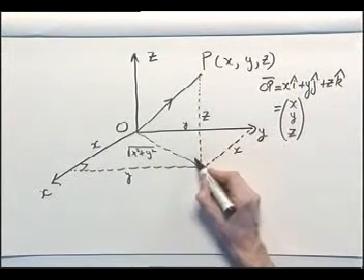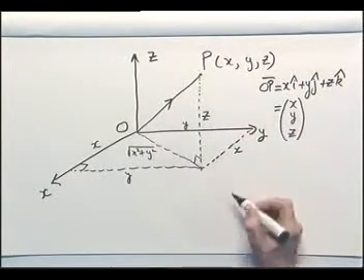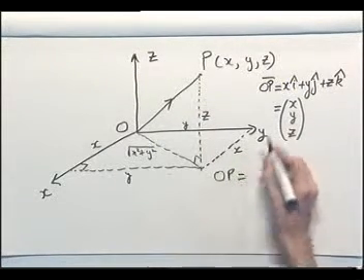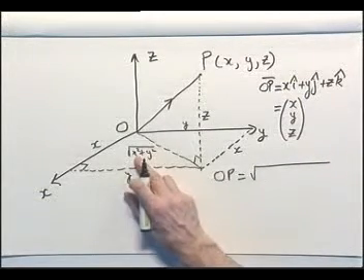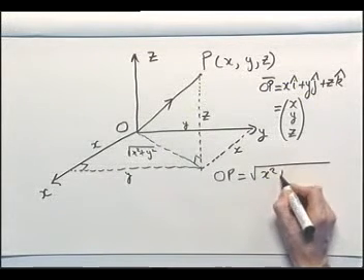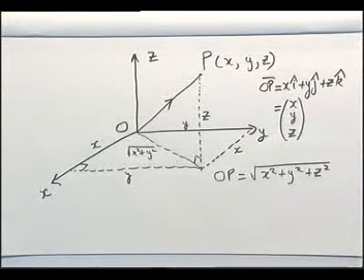And so because we've got a right angle here, if we use Pythagoras in this triangle, then we end up with the fact that OP, the modulus of OP bar, is the square root of, we've got to square that and add it to the square of that, so that's just x squared plus y squared plus z squared.